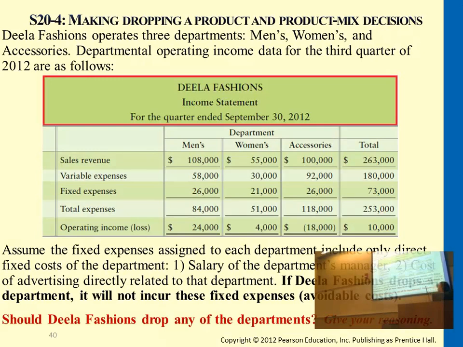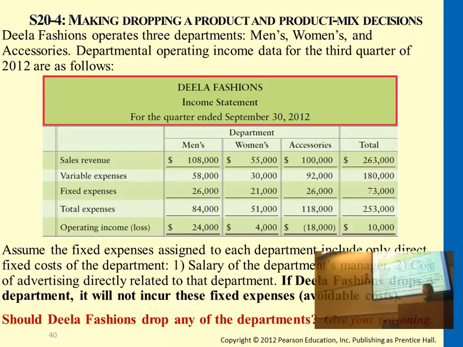In some cases, if this is unavoidable, we'll be comparing 92,000 against 100,000. Then the answer will not be dropping the department. The answer will be considered further because this is still giving the company positive contribution margin.